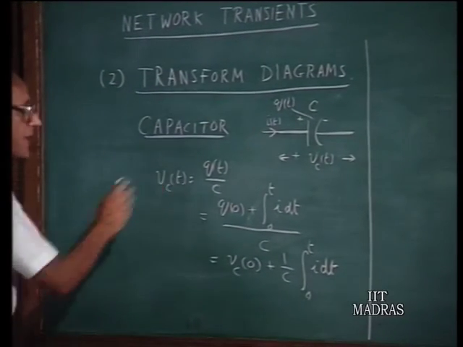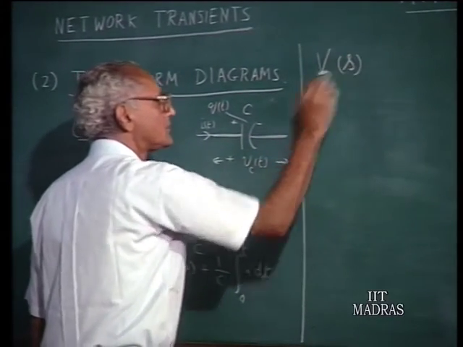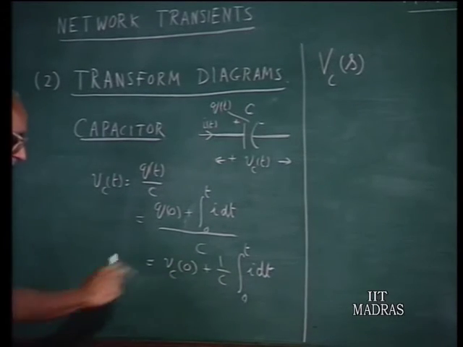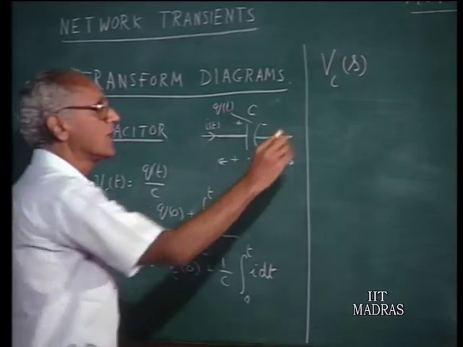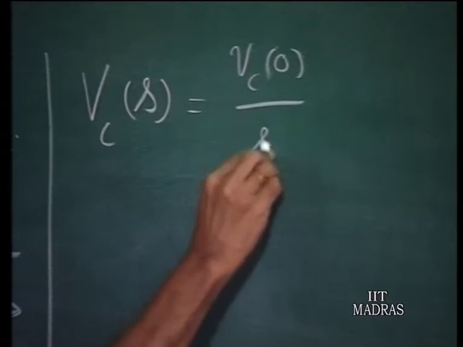So, Vc of t suppose has the Laplace transform Vc of s. Then that is the Laplace transform on the left hand side. On the right hand side Vc0, that is a constant. Therefore, its Laplace transform will be Vc0 over s.